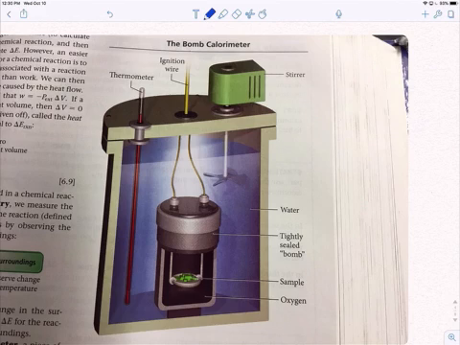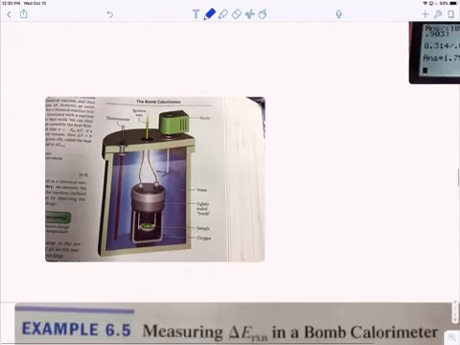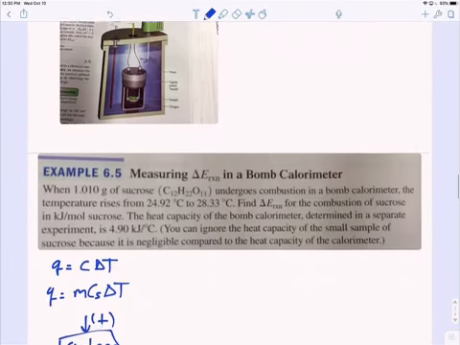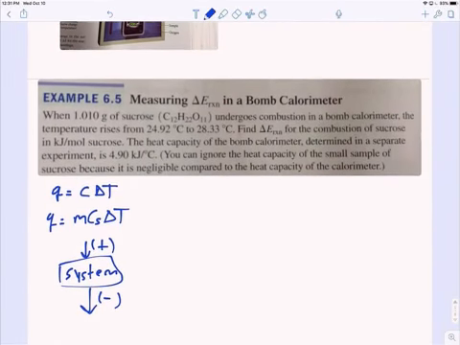Also, by doing experiments, they can figure out the heat capacity for this very exactly. So then you burn whatever it is you're studying in this bomb calorimeter, and that will then be used for the number of calories in something.